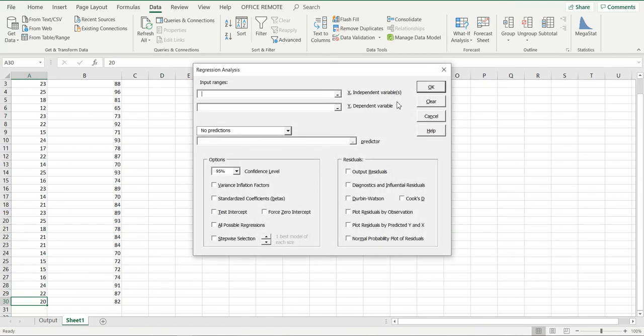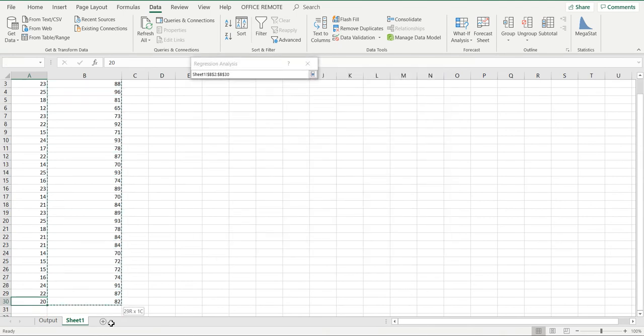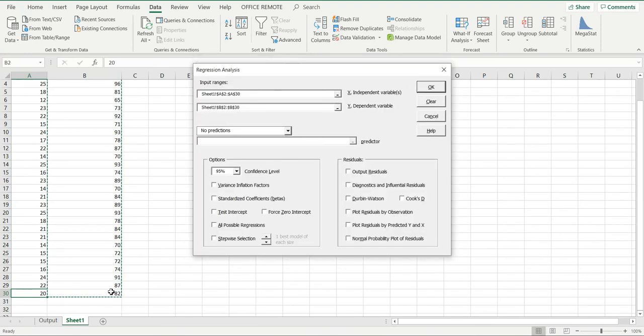As we can see here, we have the independent variable. In this case, our independent variable is the self-esteem. We have to click and highlight the data in self-esteem, and then we're going to click this one for our dependent variable, and then click and highlight the data for the mathematics performance.